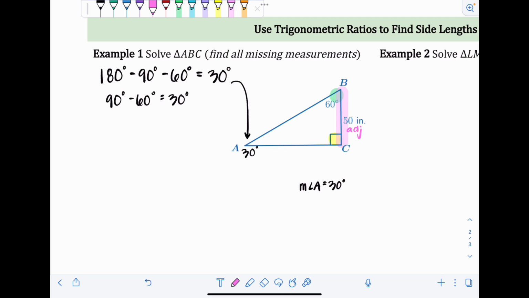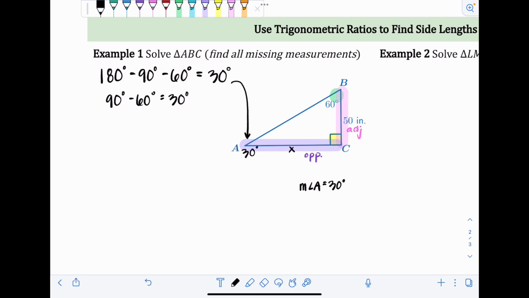And then let's say I want to solve for the opposite side first. So I want to solve for AC, which is the opposite. So pick angle B, and then I know the adjacent side. I want to solve for the opposite side. I'm going to put a variable there for the opposite side. I'm going to call it X. And you could call it X or AC or whatever variable you want.